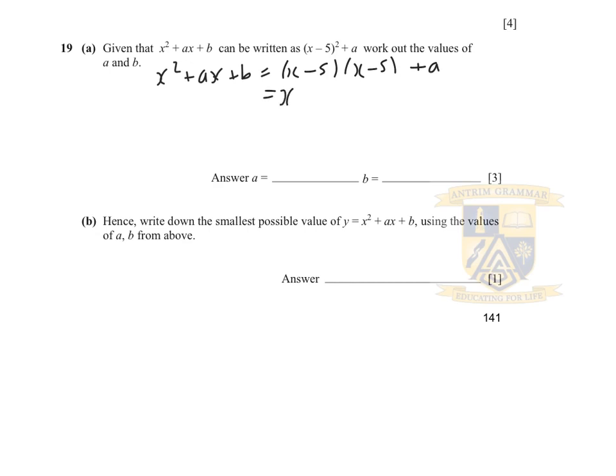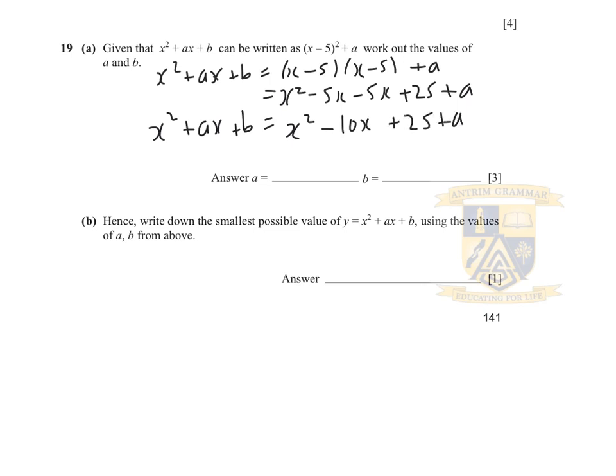That would be x squared minus 5x minus 5x plus 25 plus a. To summarize, we've got x squared plus ax plus b on the left. The right hand side, if we simplify, is x squared minus 10x plus 25 plus a.